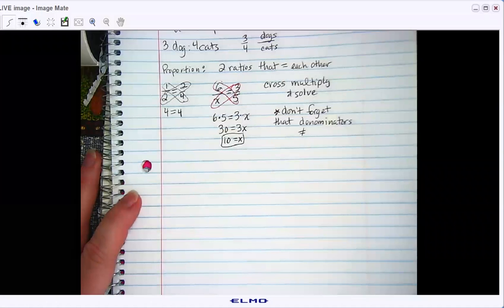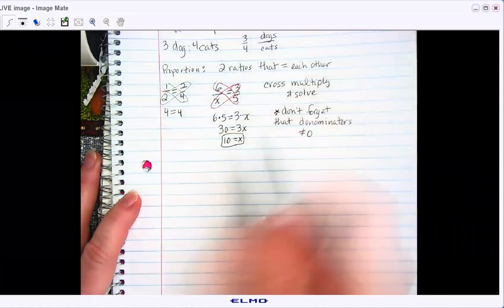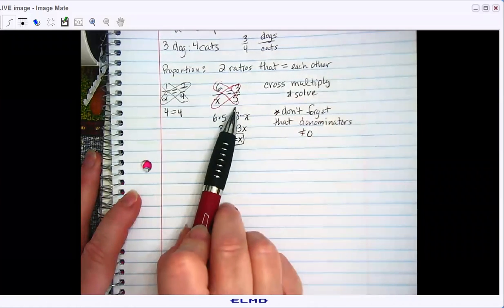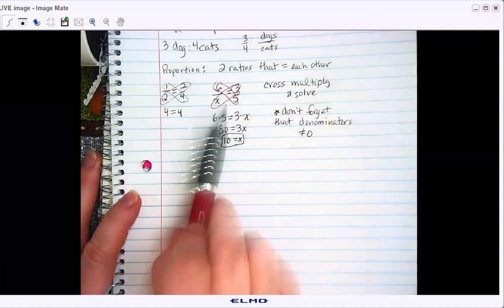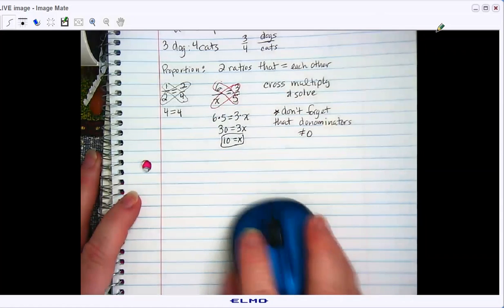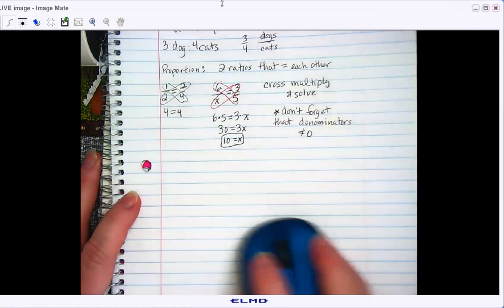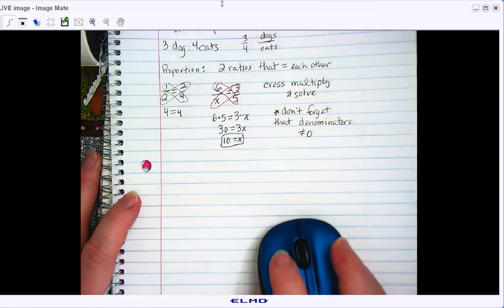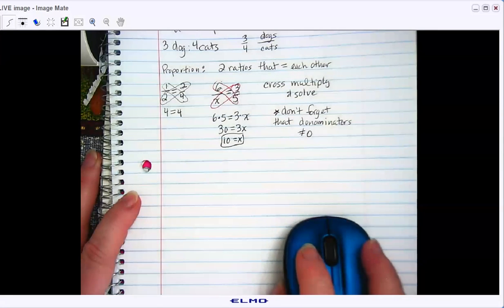It's a number I can't divide by. 0. Good. So for example, the 5 will never equal 0. But the x could equal 0 if x were 0. So we know if that problem had an answer of 0, we wouldn't be able to use it.